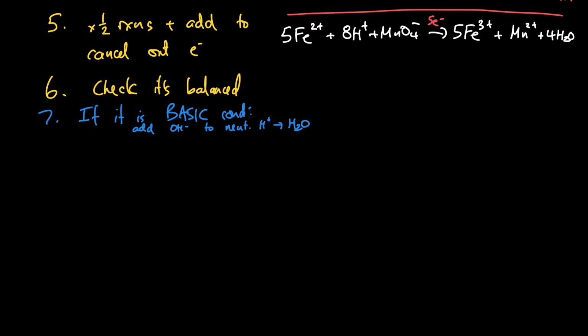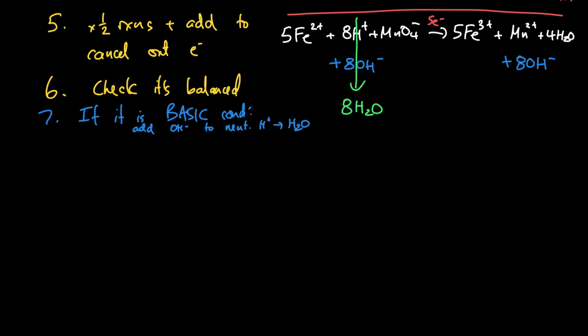All right, so we can see in this equation up here, we've got 8 hydrogens on the left, so we need to get rid of them. And hydrogen ions are not going to persist in basic solutions, so we're going to add the same number of hydroxide ions to get rid of them. Now, of course, it won't be balanced if we add 8 to the left and not to the right. So balancing means adding the same number to each side. Well, 8 H pluses and 8 OH minuses are just going to make 8 H2Os.